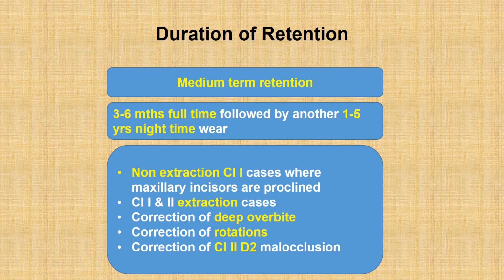Okay, now this is usually done in non-extraction class 1 cases where there has been arch expansion or proclination of the anterior teeth, and extraction cases class 1 and class 2, correction of deep overbite, correction of rotations, and correction of class 2 division 2 malocclusion.